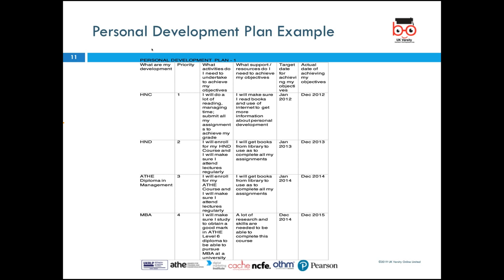So in this case, what do you have to do? When I have to look at a personal development plan, the first thing would be, if I have to achieve this qualification, I have to enroll and register for this qualification with the college. Now, when I start studying, I study the units, I study the content, and I look at writing the assignments. So the second step would be, after registration and enrollment, you would like to study the units.